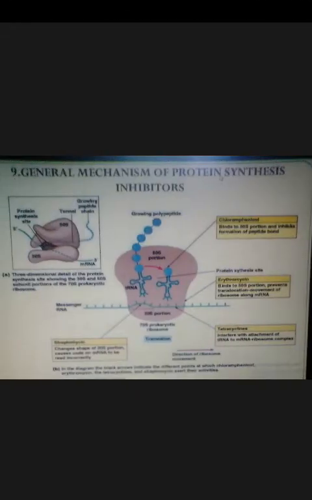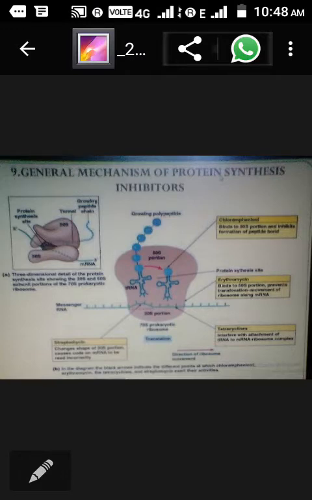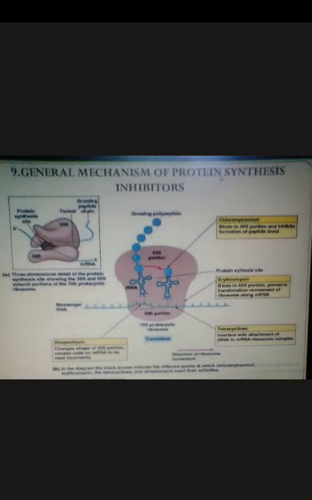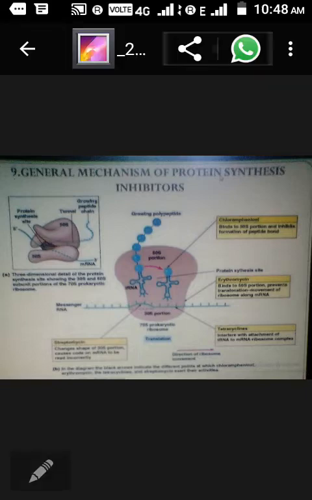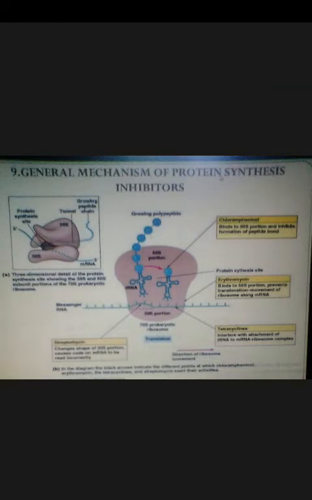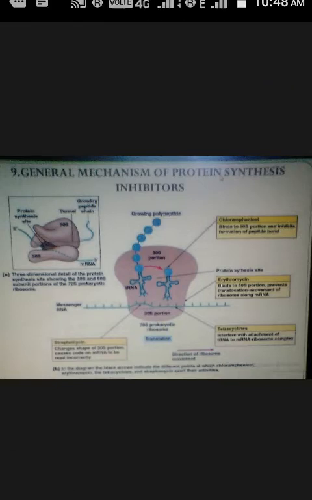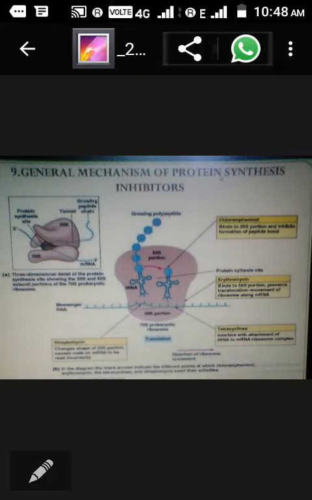Next, some of the other inhibitors: chloramphenicol, which binds to the 50S portion and inhibits formation of peptide bonds. Next one is erythromycin, which binds to the 50S portion and prevents translocation, that is, movement of the ribosome along the messenger RNA.